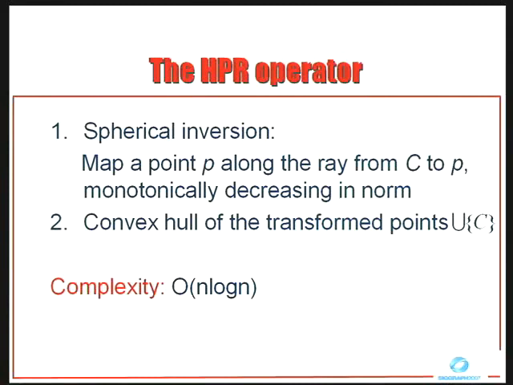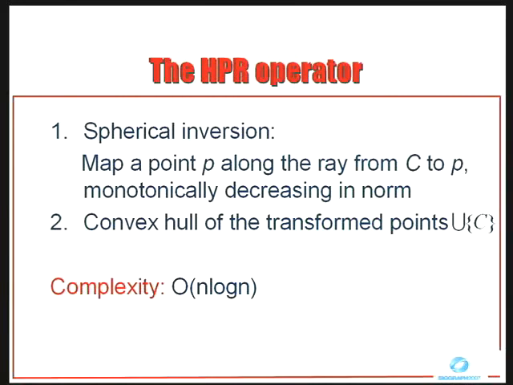So even before I explain what this spherical inversion means, we can already make a couple of observations. The first revealing observation is that what this operator is doing is a simple reduction of the problem of visibility to the problem of convex hull construction, because all we're doing is a simple transformation and then computing the convex hull.